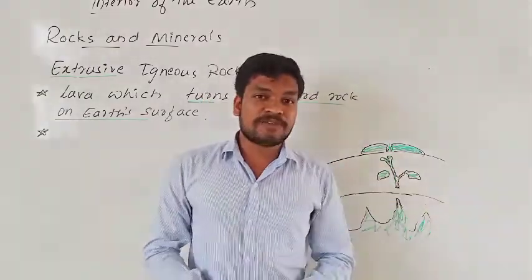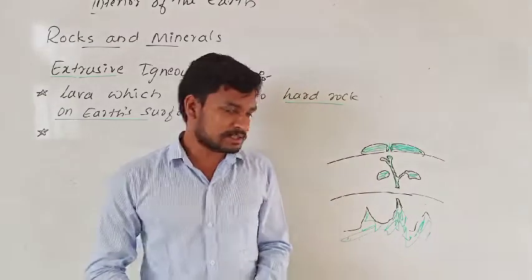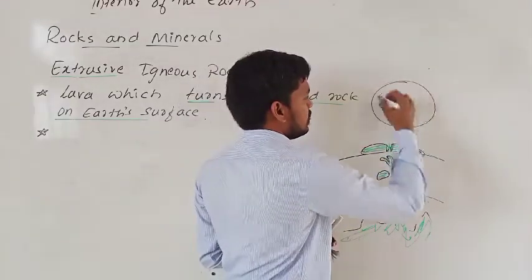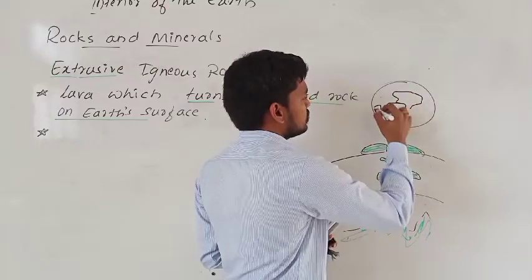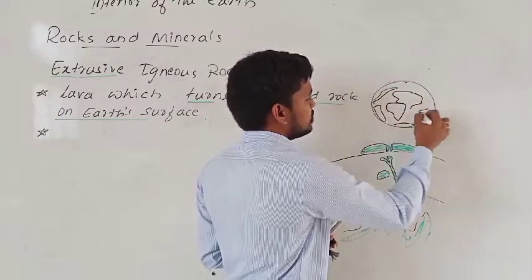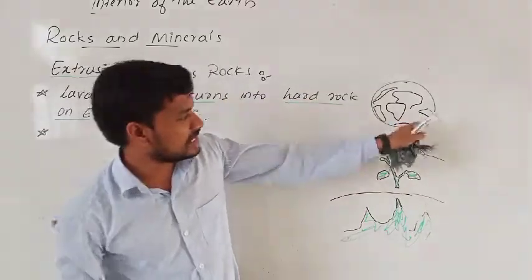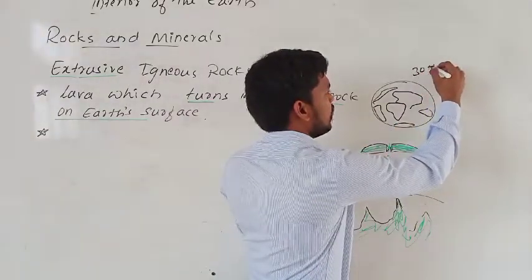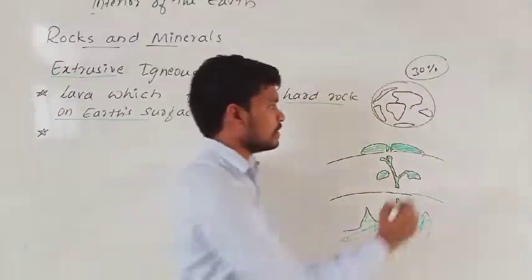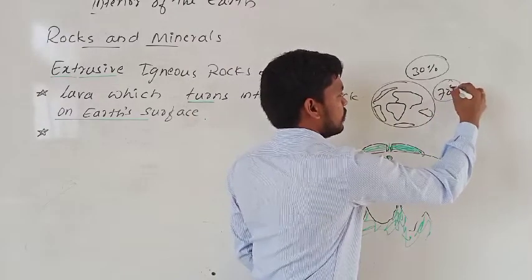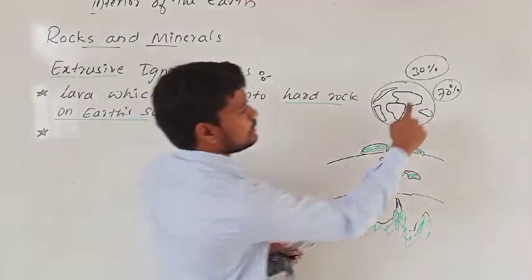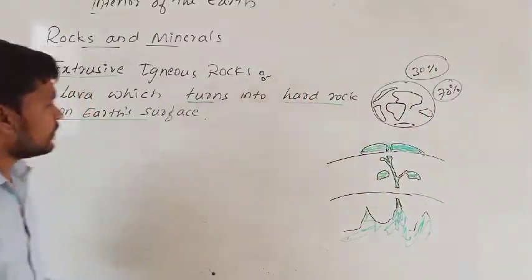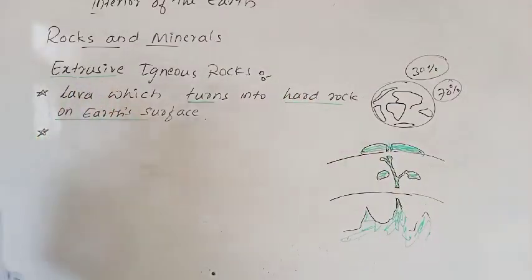So 30% of our Earth's surface is covered by landmass and 70% is water bodies. Here the 30% of landmass is made up of extrusive igneous rock.